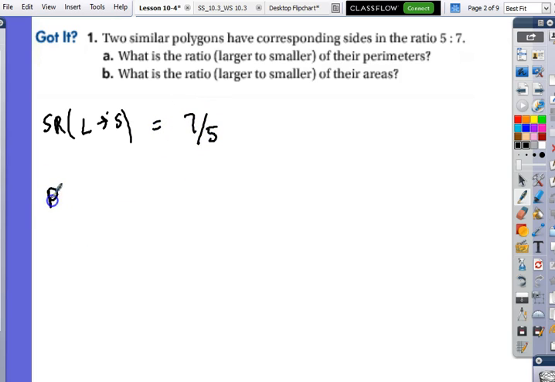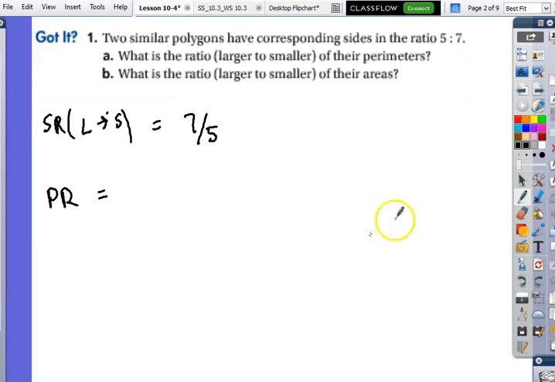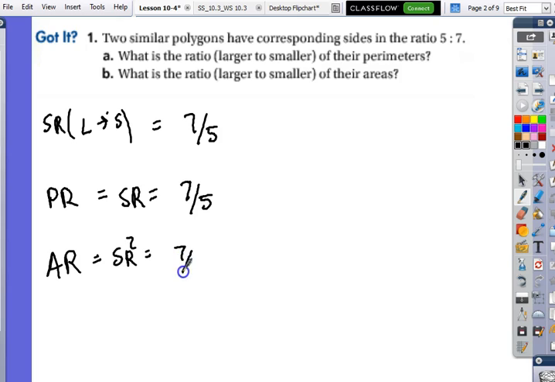And then what's the perimeter ratio going to be? Now remember, the perimeter ratio is exactly the same as the similarity ratio. So this is going to be the same thing as I just wrote. So it's going to be 7 to 5. And then the area ratio is equal to the similarity ratio squared. So that's 7 to 5 squared.